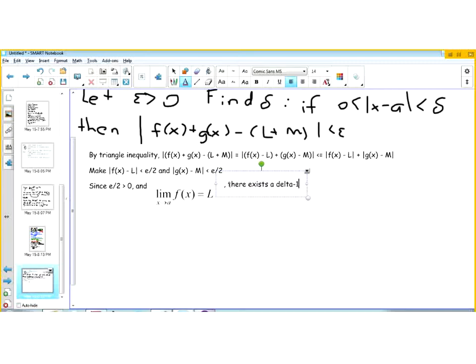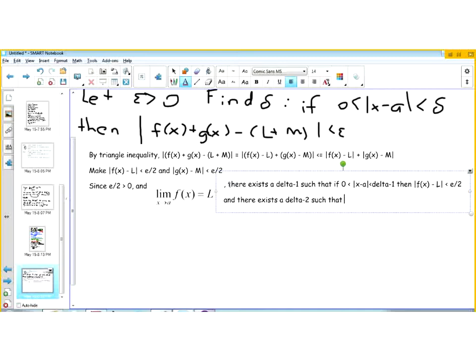Since epsilon is positive and we're given this piece of information, there exists a delta 1 such that, by definition, if we're within a delta 1 distance from a, then we're within an epsilon over 2 distance from L. That's one thing.